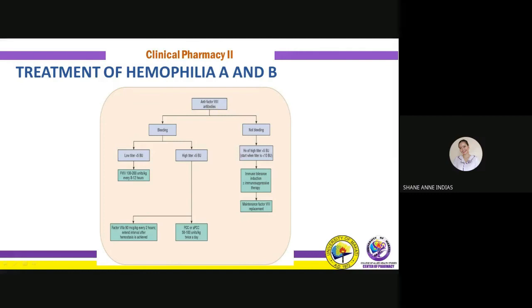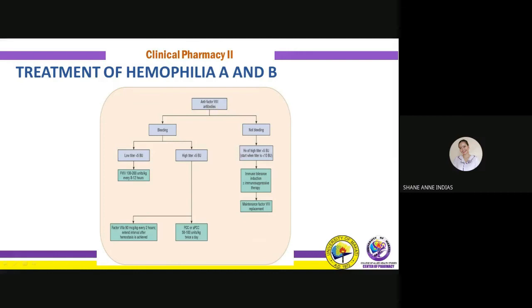So the therapy for patients with inhibitors involves the treatment of acute bleeding episodes and treatment directed at eradicating the inhibitors. As you can see on the screen, parang identify muna natin kung may bleeding episodes ba or wala so that alam natin yung approach. Kasi we can determine the approach to the treatment of acute bleeding with the aid of the parameters such as the inhibitor titer, the site and magnitude of bleeding, and the patient's past response to the therapy.